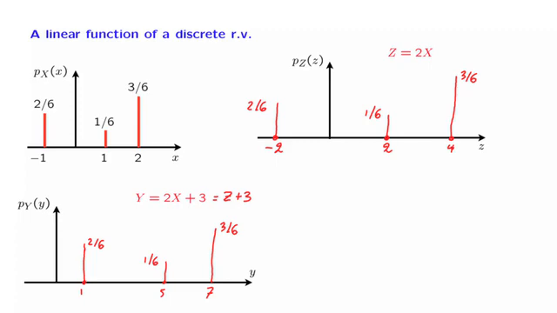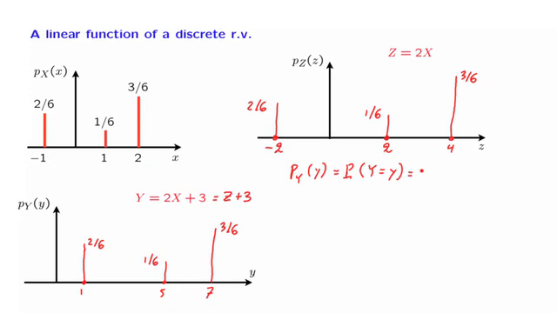To summarize, in order to find the PMF of a linear function such as 2X plus 3, what we do is that we first stretch the PMF of X by a factor of 2, and then shift it horizontally by 3. We can also describe the PMF of Y through a formula. For any given value of little y, the PMF is going to be equal to the probability that our random variable Y takes on this specific value little y.